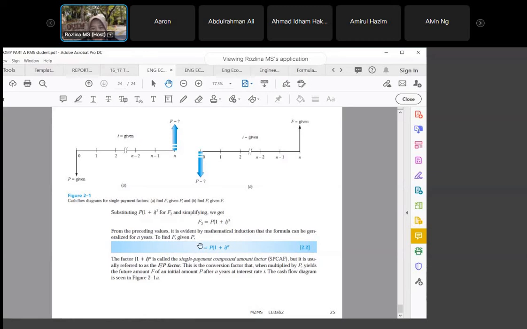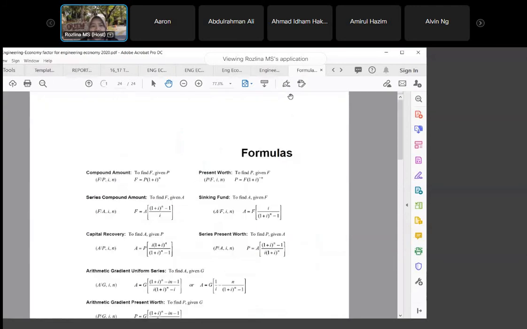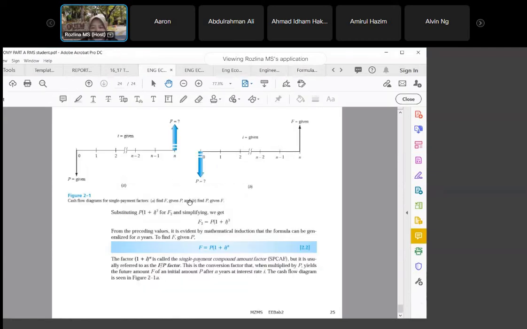So you will be given the formula later like this, or with a slight modification in the arrangement. So you will get how to get the F. So this is the formula. This book is about how to elaborate the fundamentals. It is about the fundamentals.